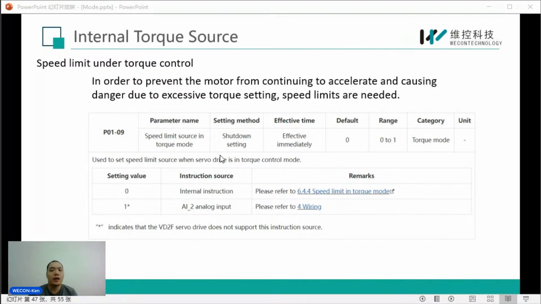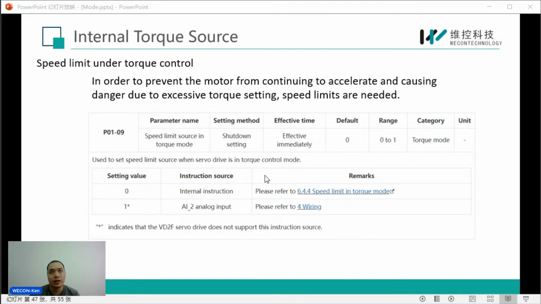Okay, and this part is the speed limit under torque control. Why do we need this in torque control? Because of the Newton formula.